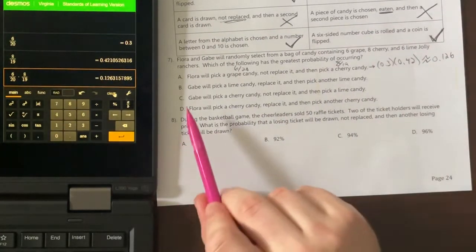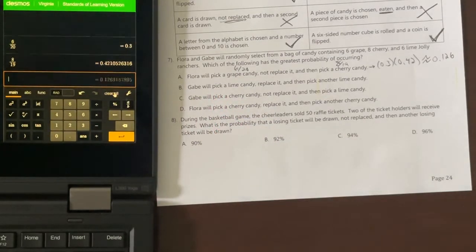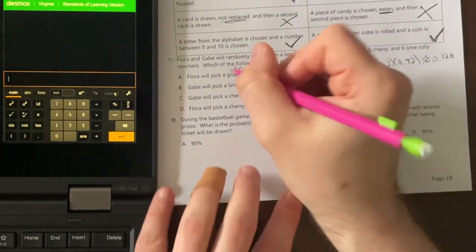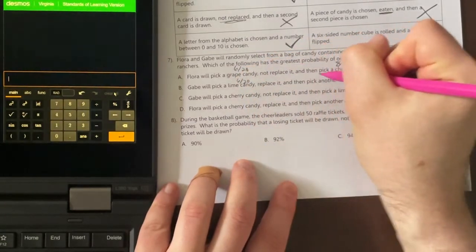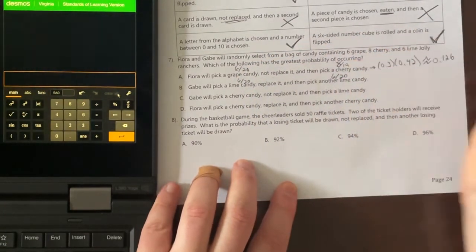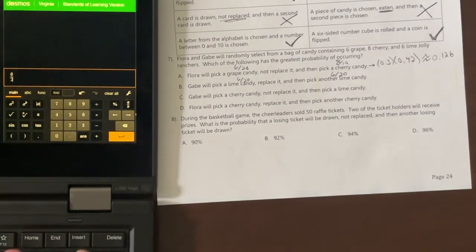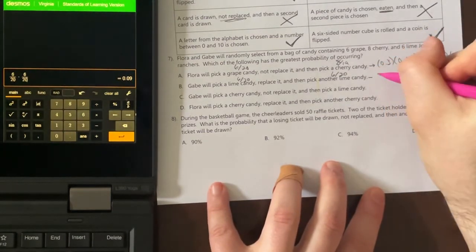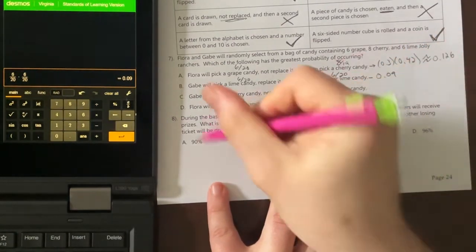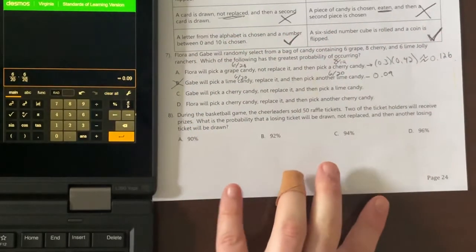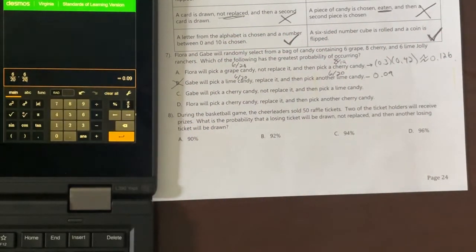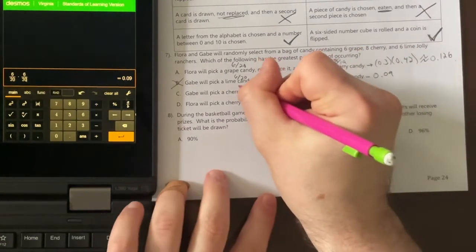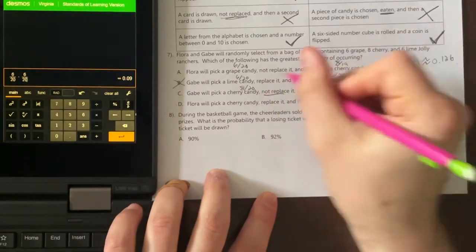And we can say, all right, for this next one, this is going to be 6 over 20 times 6 over 20. That's going to be about 0.09. So we know it can't be that one because so far we have 0.126. And what about the next one? This is going to be 8 over 20, not replaced.